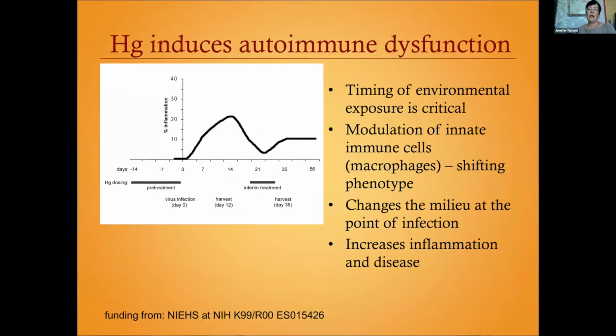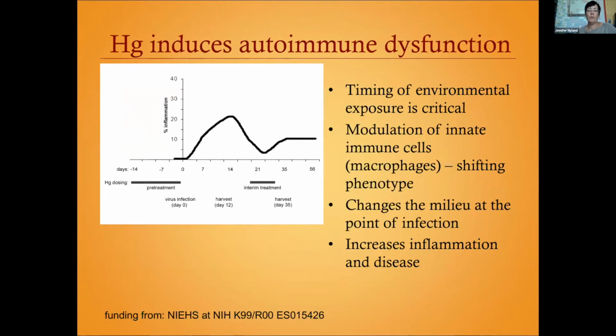Well, the timing of the exposure, and this is some data that I haven't shown you, is critical. We did not find any of these same findings when we infected with a virus first and then treated with mercury. There had to be that co-exposure early on in the development of the immune response against the virus, so that pre-treatment with mercury, that timing, was critical.